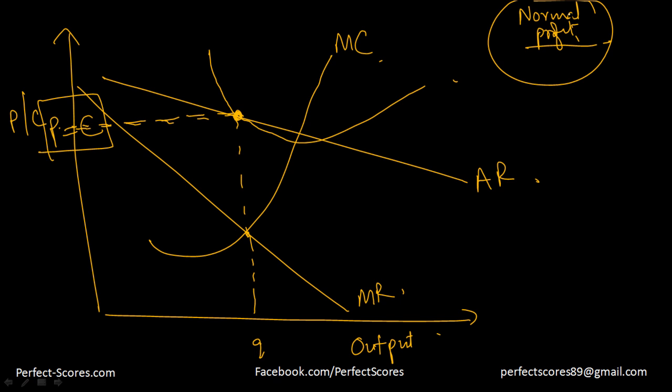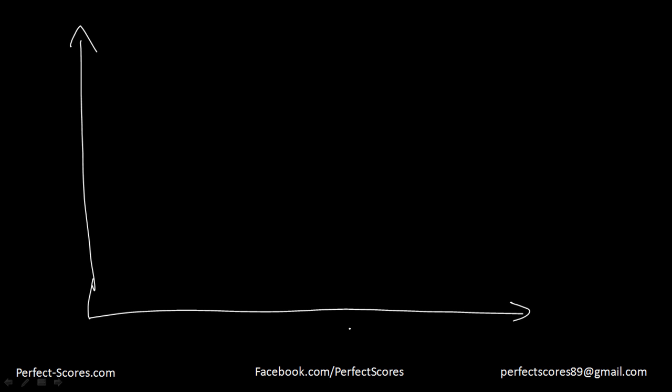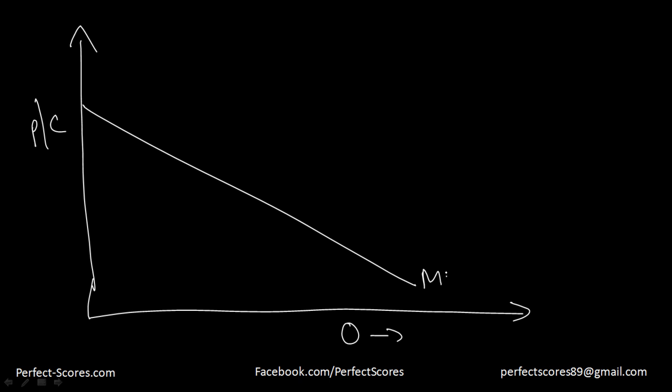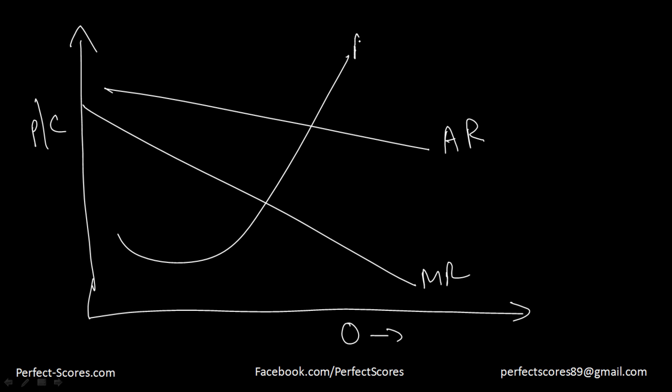However, if I were to draw this graph again, so I'm going to draw it with white color now. Okay, fine. This is the output. This is price or cost. This is the marginal revenue. This is the average revenue, right? And this is the marginal cost. Now, when marginal cost meets the marginal revenue, this is the output, and this is the price, right?